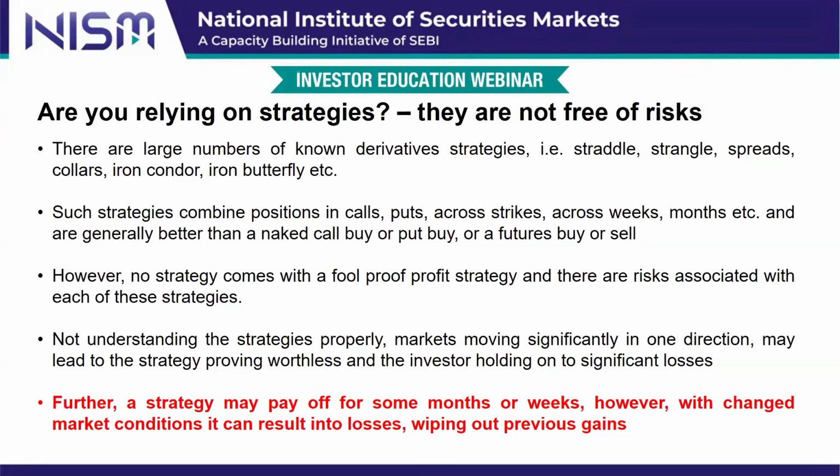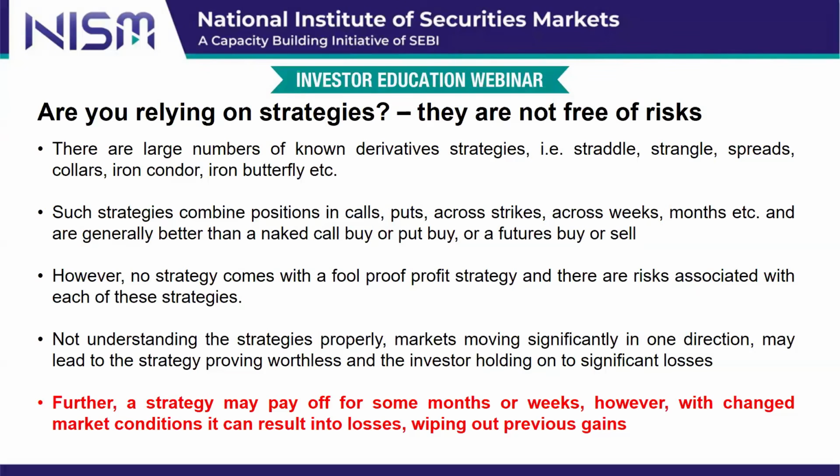But then remember that these strategies also have some amount of losses, tail-end losses, you could call them. And there could also be chances that you make profits from these strategies for the first few months, and then a large movement and all the money gets wiped out. This is also possible. So I'm not denying that some of these strategies are very, very good and you can definitely make money, but you have to become an expert, or you have to go through that learning curve, gain the expertise, and then you can implement the strategies.